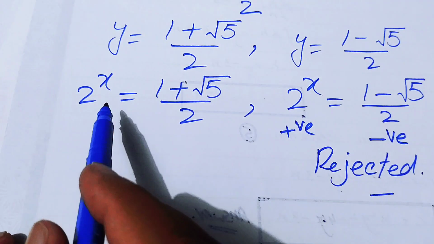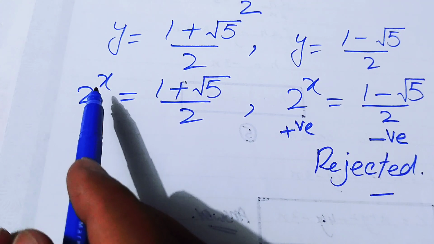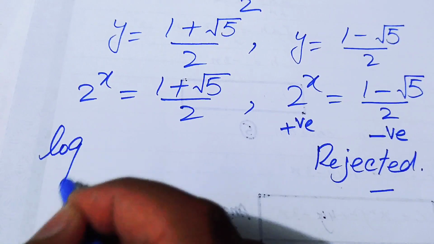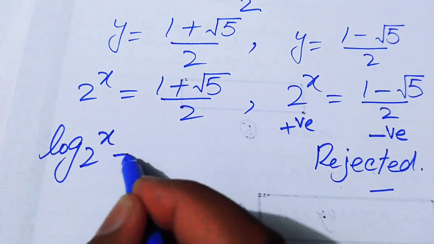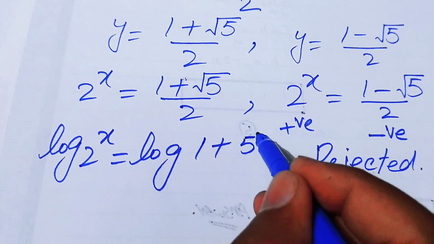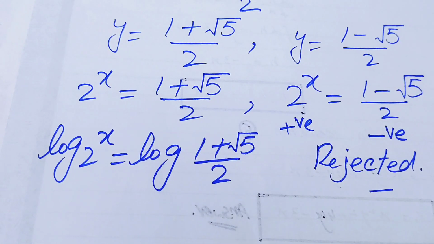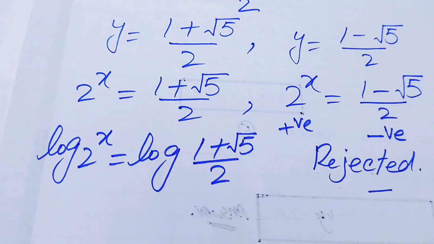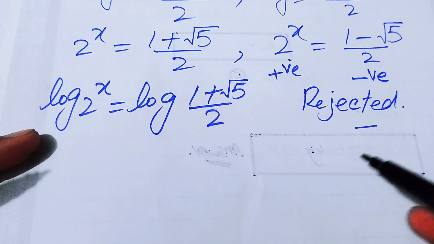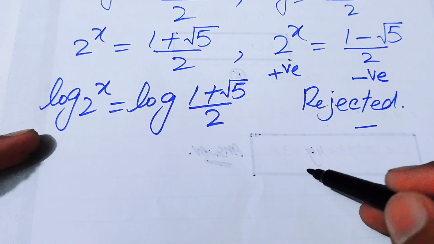So in this case in order to find the value of x we will take log on both of the sides, so that here you have log 2 to the power of x is equal to log of 1 plus square root 5 over 2. After this we will use the nice properties of log, and you know about the properties of log.